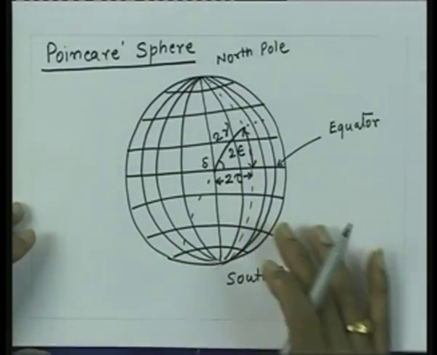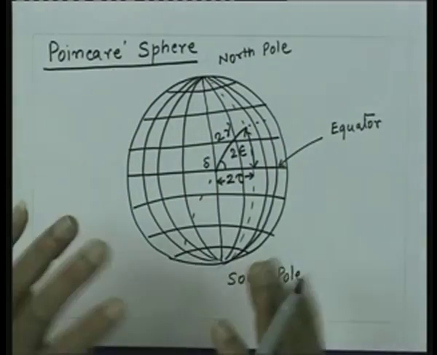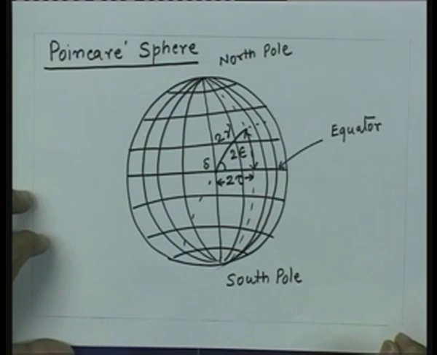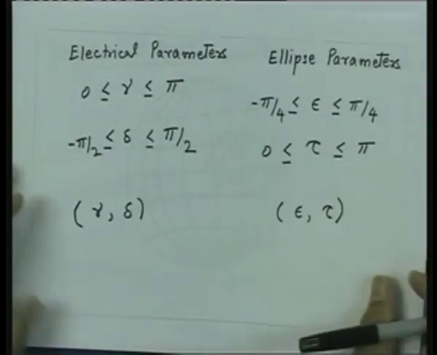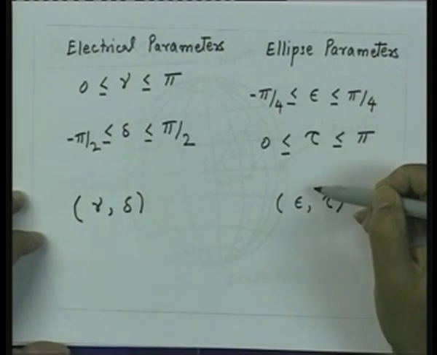This sphere represents all possible states of polarization. Now let us mark some very specific states of polarization to get a better feel for where they are distributed on the Poincare sphere. Let us say we have a linear polarization.